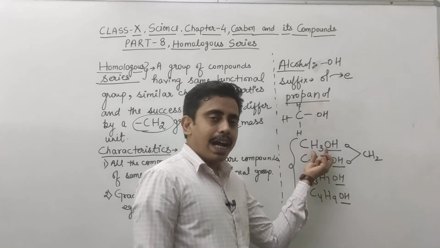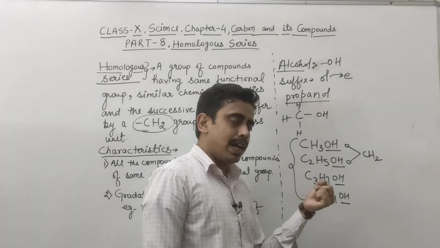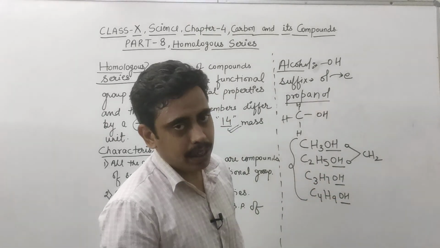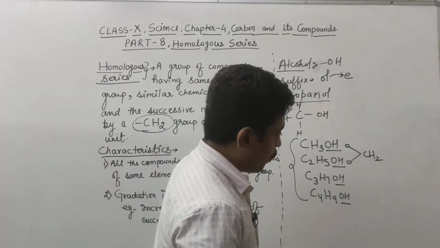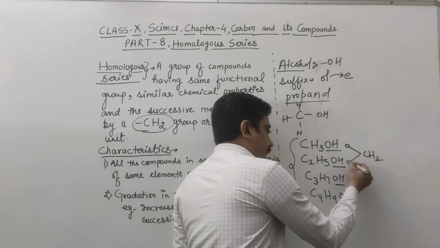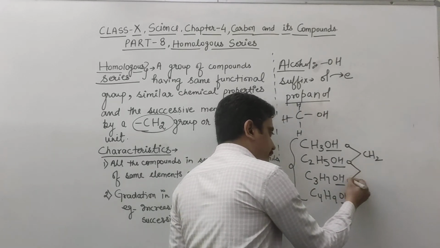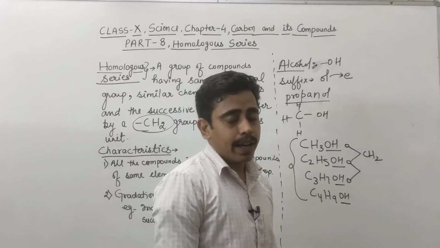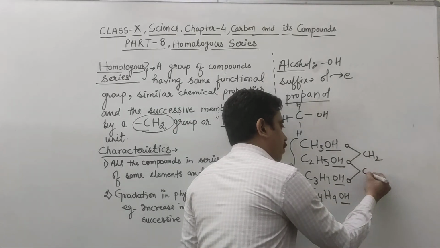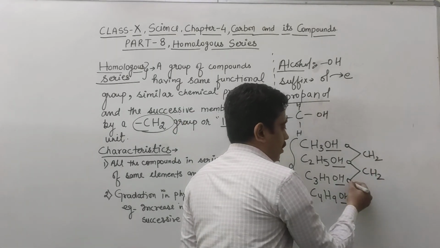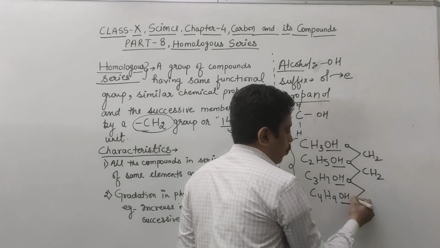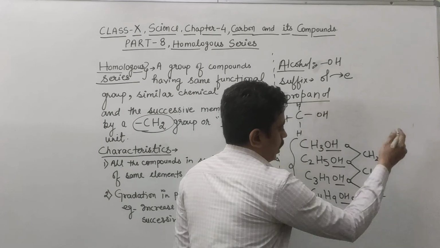Here 3 hydrogen atoms, here 5 hydrogen atoms. So what is the difference in hydrogen atoms? Difference of 2 hydrogen atoms. Similarly, हम second member और third member में difference देखें कार्बन और हाइड्रोजन का, तो again you will get a difference of CH2, and in the third member and fourth member you will also get the difference of CH2.